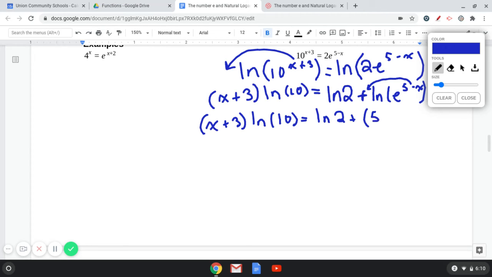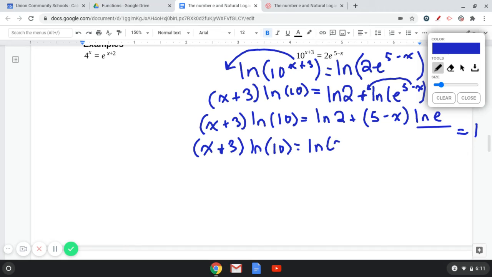So we end up with 5 minus x times the natural log of e. All right, and that natural log of e just equals 1. So we now have x plus 3 natural log of 10 equals natural log of 2 plus, I'm going to get rid of these parentheses now, 5 minus x.